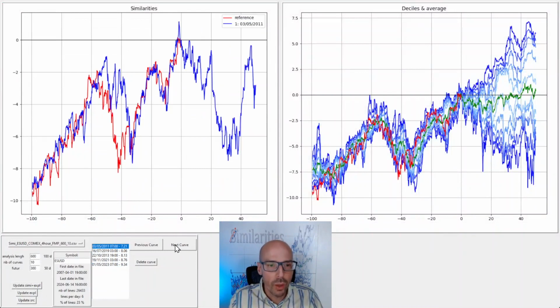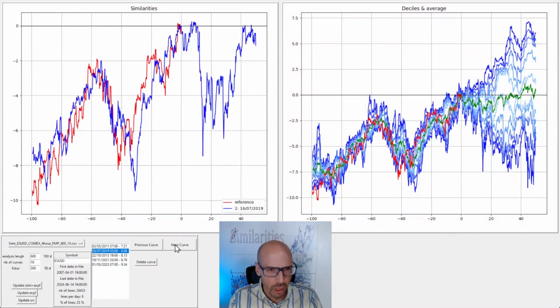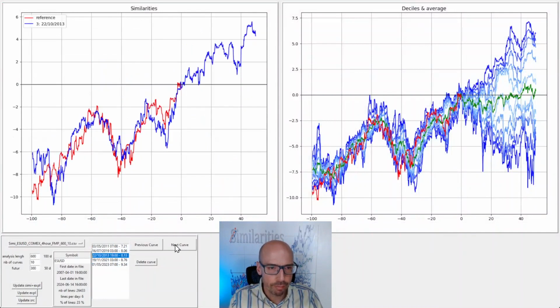All right. Right now, I guess the most similar in terms of shape and in terms of volatility would be that one. So I would say for now that it would go up, but the last movement here seems to me a bit volatile.